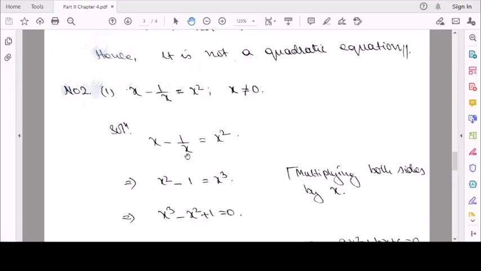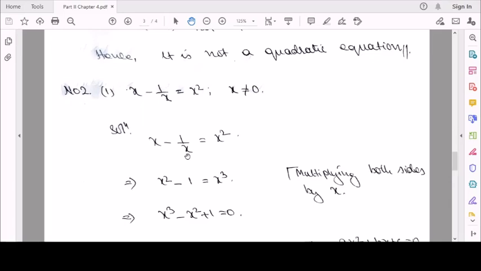X cubed, then x squared is plus, will take to the right side, will be x cubed minus x squared plus 1. And what is there on the left side? There's nothing, there's no more term. That means it is 0. Therefore you will get x cubed minus x squared plus 1 equals 0.